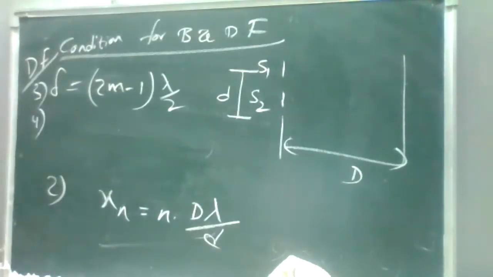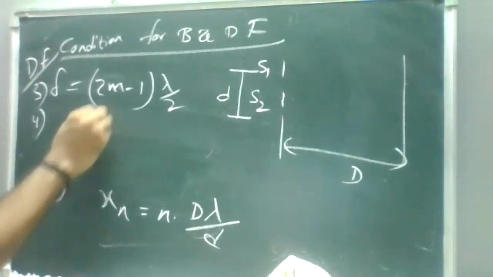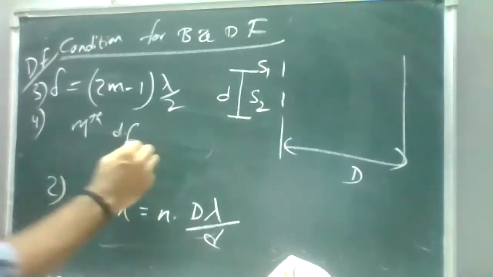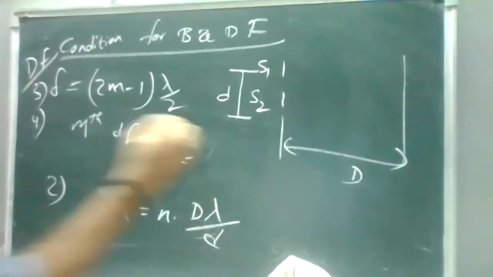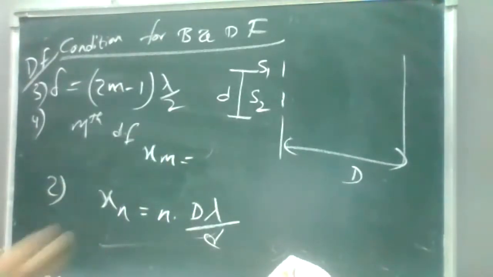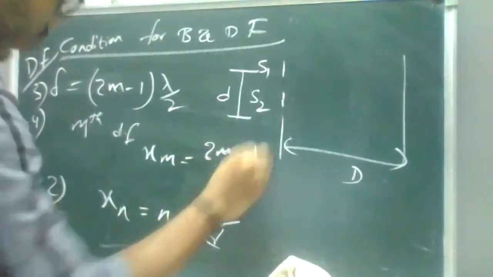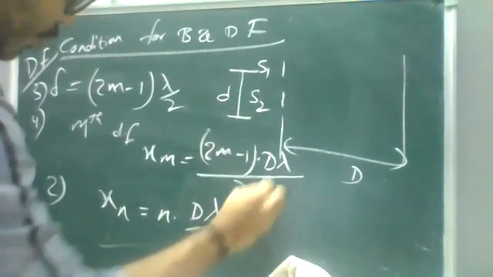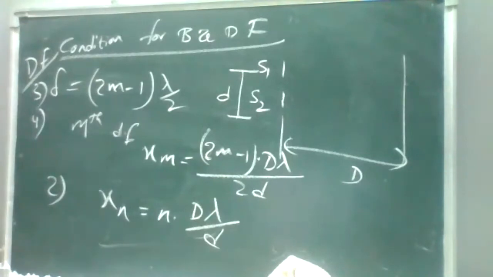Fourth one, the distance of the mth dark fringe from the central bright fringe. So xm is equal to (2m minus 1) into capital D lambda by 2d.